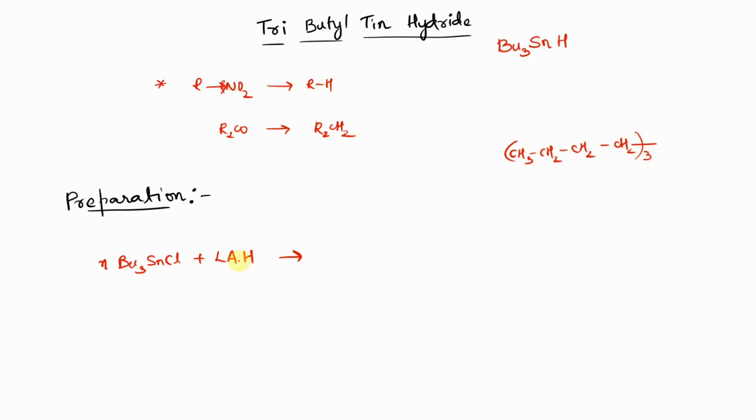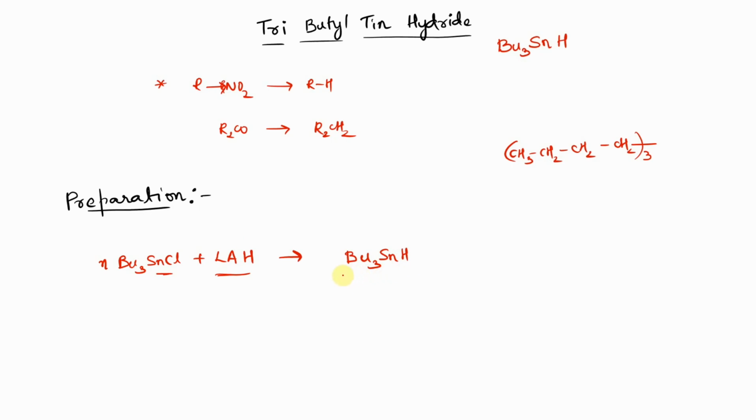Tributyl means n-butyl, the normal butyl group, with three butyl groups attached to a tin chloride. When it is treated with lithium aluminum hydride, we obtain Bu3SnH. So this is our reagent tributyl tin hydride.